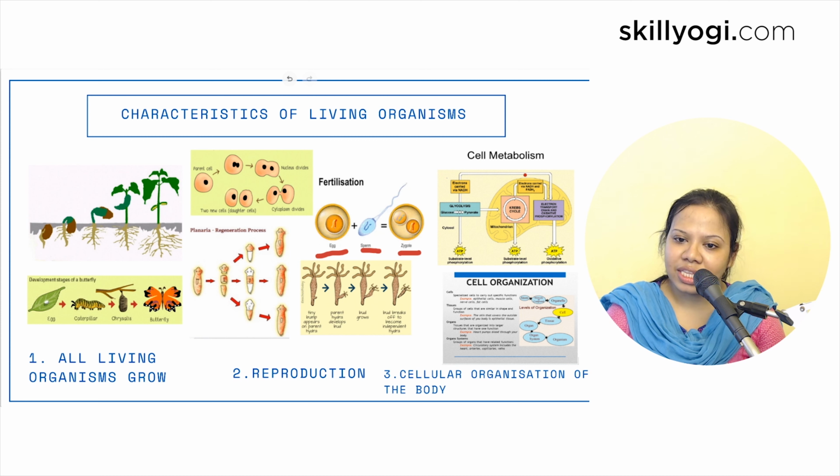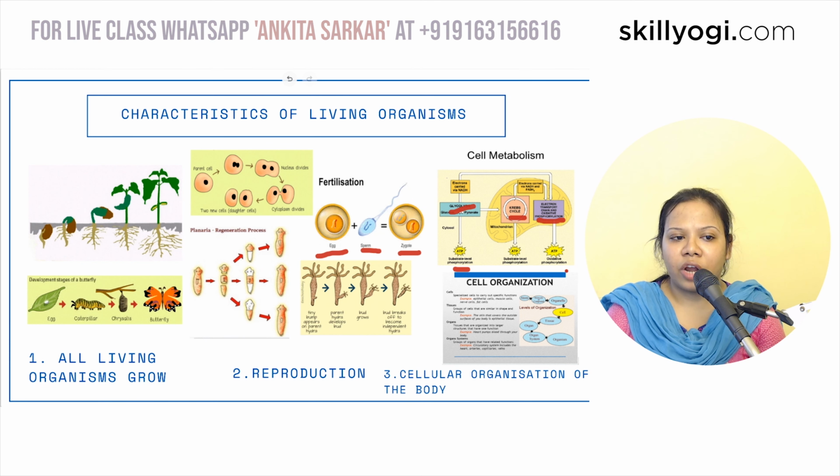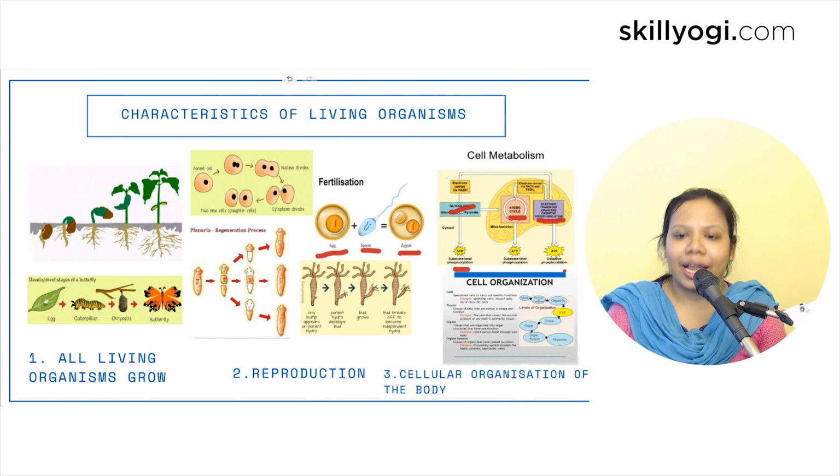In the cell, different types of metabolism take place like glycolysis, Krebs cycle, and the electron transport chain, and from each of these we obtain energy, that is ATP, and this ATP is needed for our daily activities. It provides us energy.